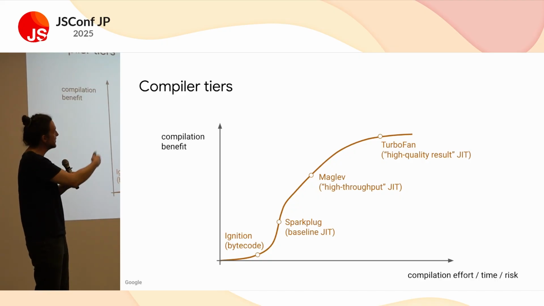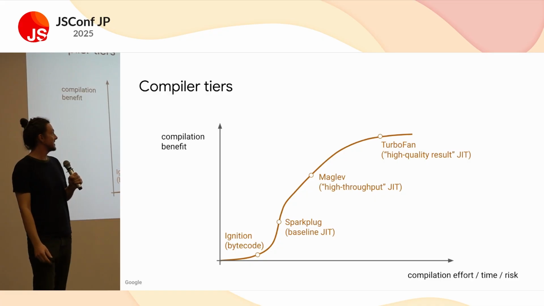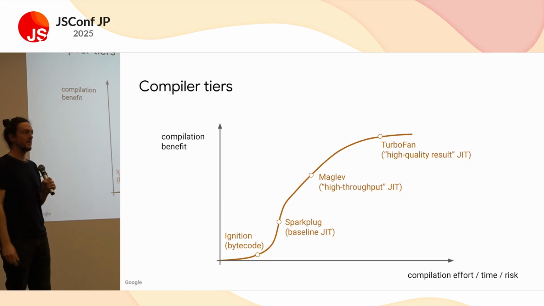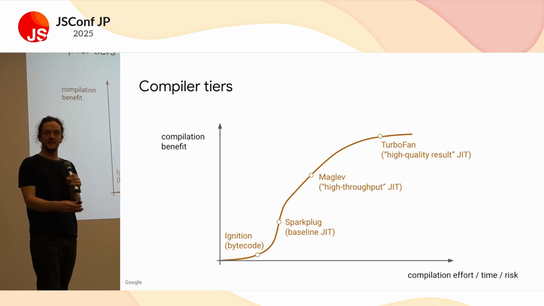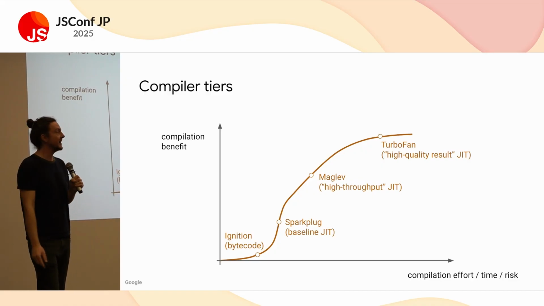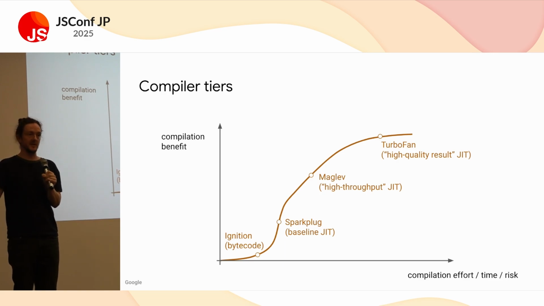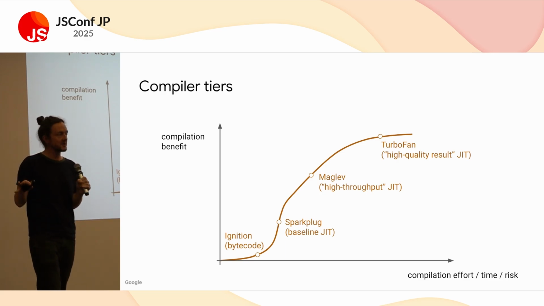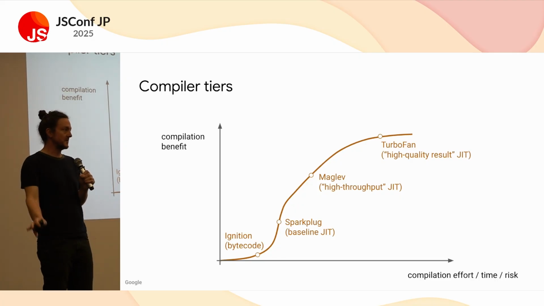Then we have 2 more optimizing tiers. One is called Maglev, and the other one is currently called TurboFan. Maglev is the fast-paced optimizer that we can deploy more liberally. And finally, TurboFan is the last tier that we only want to deploy selectively. Maybe if you have a function which does a lot of heavy numerics, we'll use that compiler.